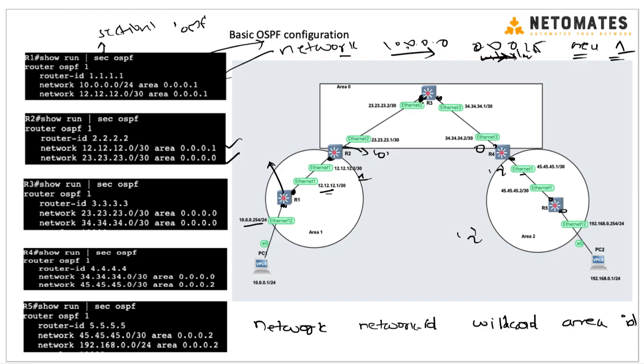What will be the network statement for this particular R3 Ethernet 2 interface? The command network, then the network ID will be 23.23.23.0. This is the first address in this network, and then the wildcard will be as it is for /30, 0.0.0.3, and then area. In this case, this interface is in area 0, so I will just give 0. Okay, this exactly will be how it looks after the router takes the configuration.